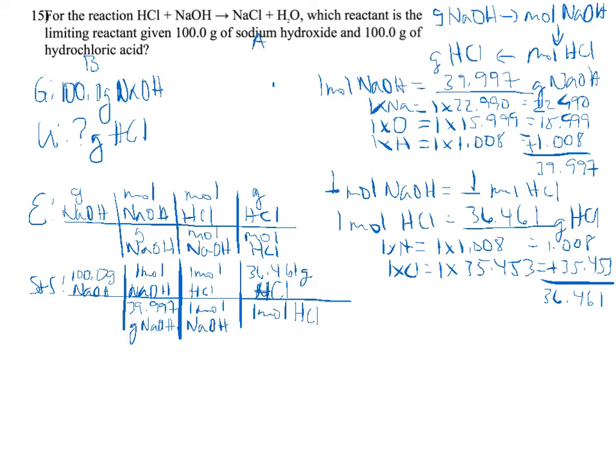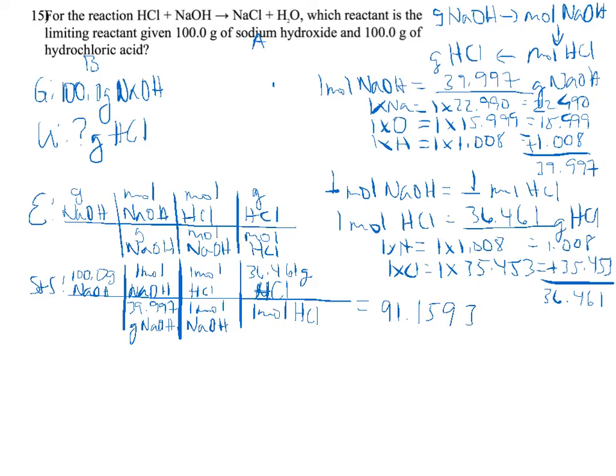So math-wise, what are we doing? We're taking the 100, we're dividing it by 39.997, and then we're multiplying by 36.461. Remember, you can ignore all these ones because anything multiplied or divided by 1 is just itself. So you get 91.1593 on the calculator.